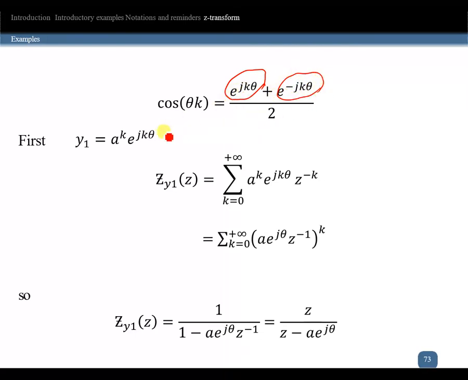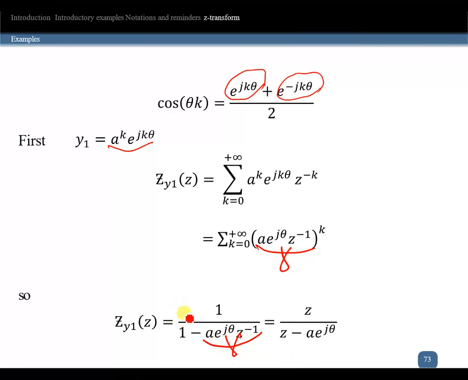First, a^k e^(jθk). What is the z transform of this signal? a^k e^(jkθ) z^(-k), with factors of k. This becomes for me lambda, and 1 over 1 minus lambda becomes my z transform.